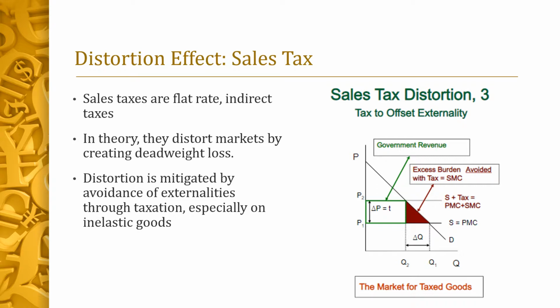Sales taxes are flat rate, thereby it increases inequality, but it mitigates the amount of distortion versus if it were a progressive sales tax. So in theory, they distort markets by creating a deadweight loss. However, distortion is also mitigated by the avoidance of externalities through taxation, especially on inelastic goods.